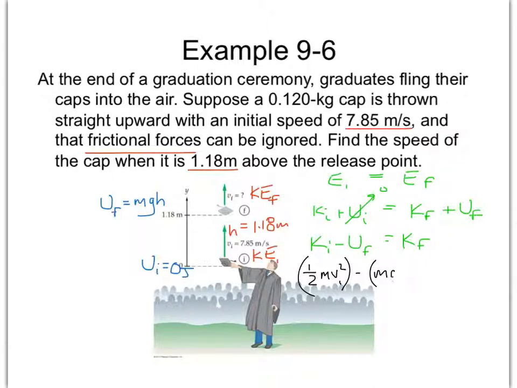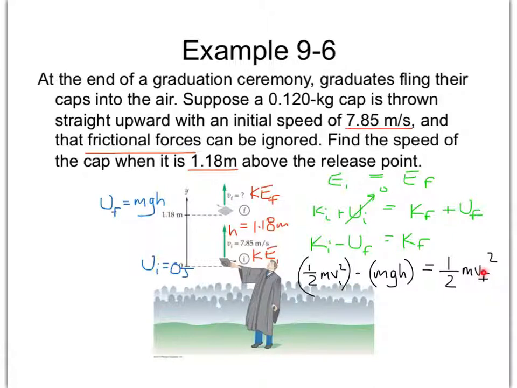That's m g H, right? That's an H right there, not an L. Equals 1/2 m v final squared. Hey, that's great right there. The v final, that is actually what we want to solve for. So let's just rearrange everything and solve for the v final because we have everything else right here.